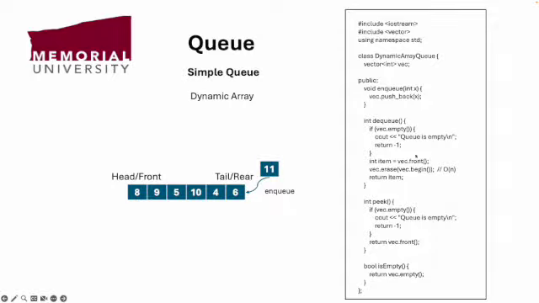With dot front, we can get the value of the first element. Is that different from dot begin? Do you remember? Dot begin is an iterator, that's different. Now we get this value, it's 8, and we erase the iterator at the beginning. It's being removed.